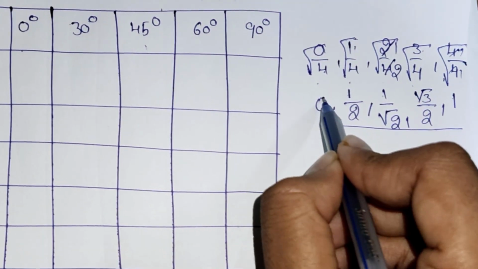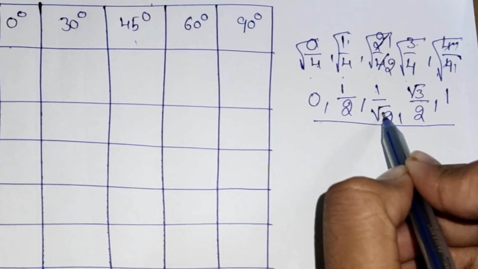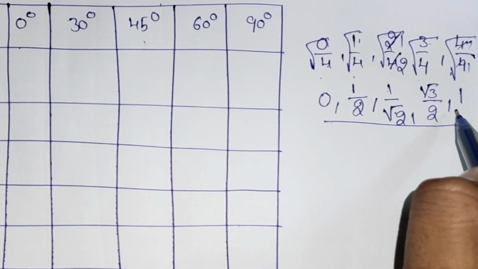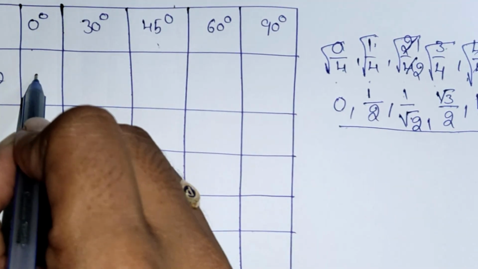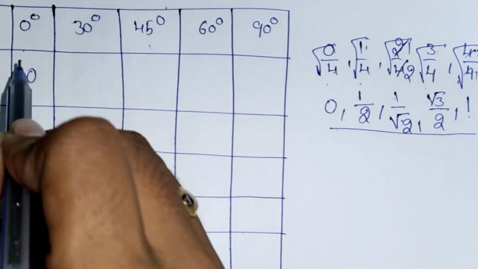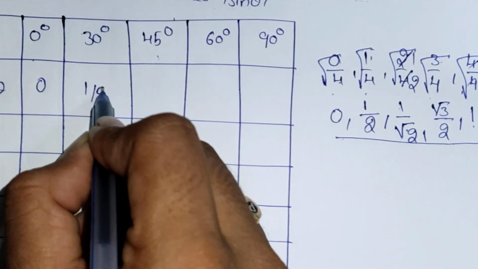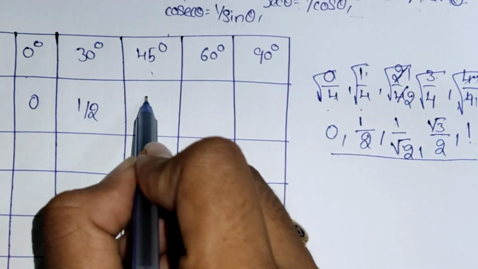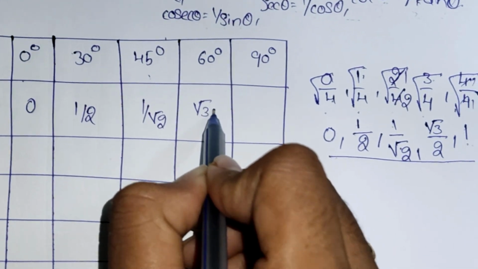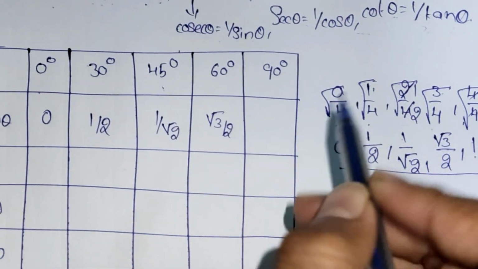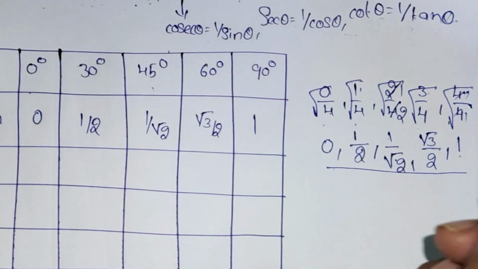So these are all the sin values. The angles are 0 degrees, 30 degrees, 45 degrees, 60 degrees, and the last one is 90 degrees. We have to write them in these places. First one is 0, second one is 1 by 2, third one is 1 by root 2, fourth one is root 3 by 2, and the last one, 90 degrees, is 1.